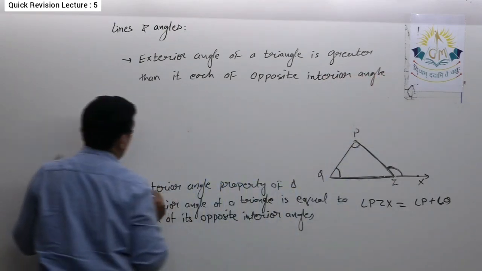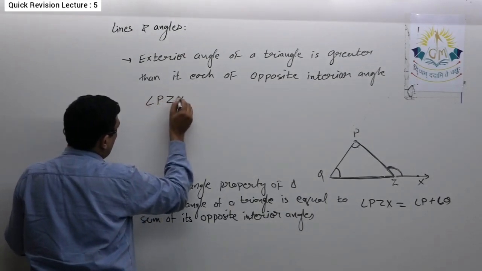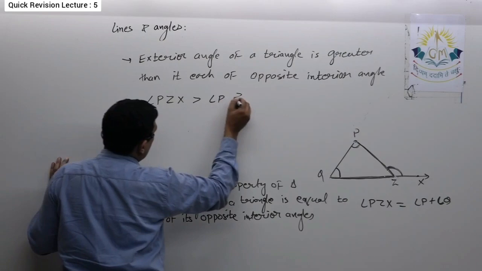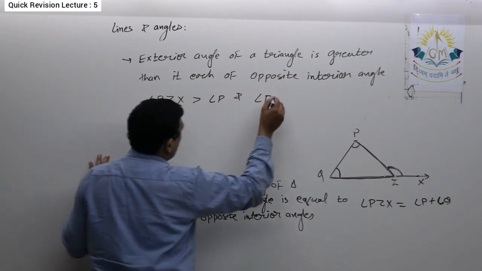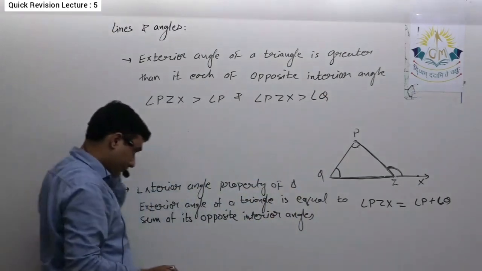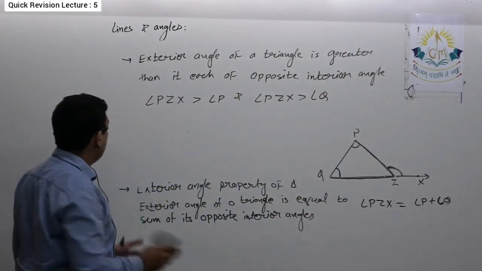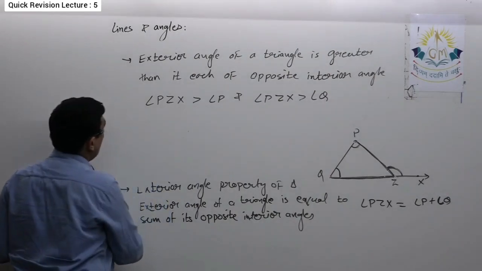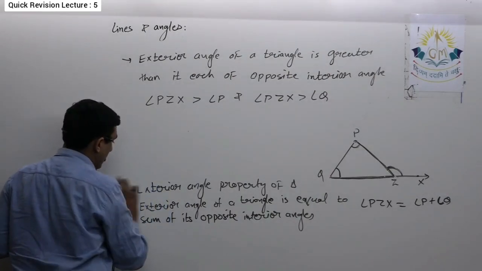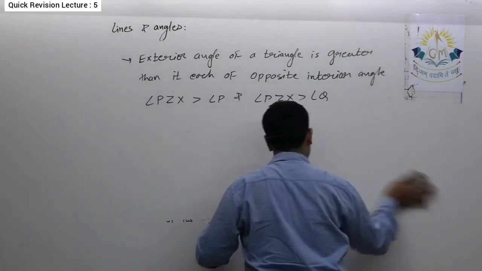That means angle PZX is greater than angle P, and angle PZX is greater than angle Q. So that is the exterior angle property of the triangle.